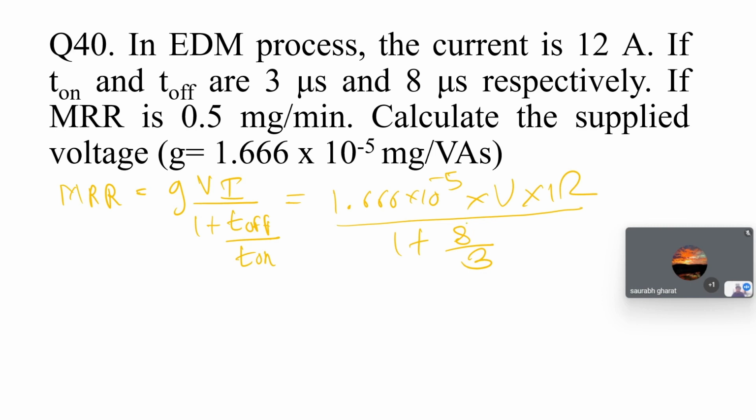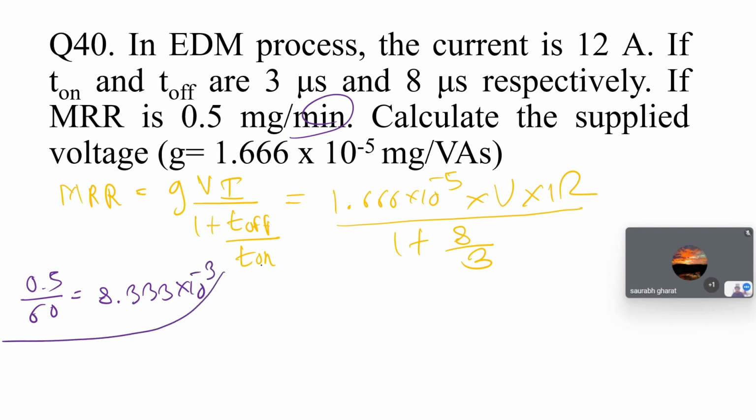So we have to calculate first 8 by 3, and your MRR is again different here. The value of your MRR is in minutes actually, so convert into seconds. So it is 0.5 by 60 is equal to 8.333 recurring into 10 raised to minus 3.